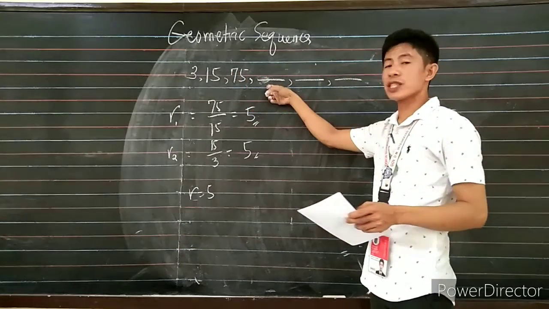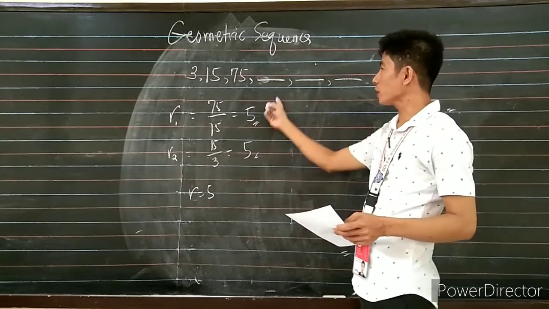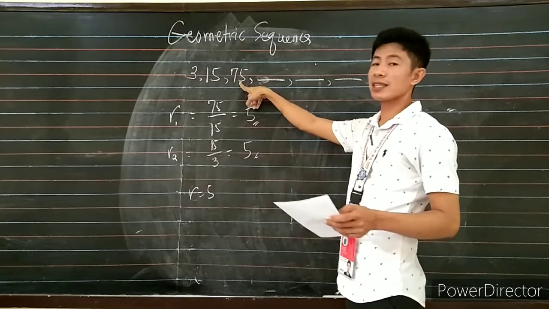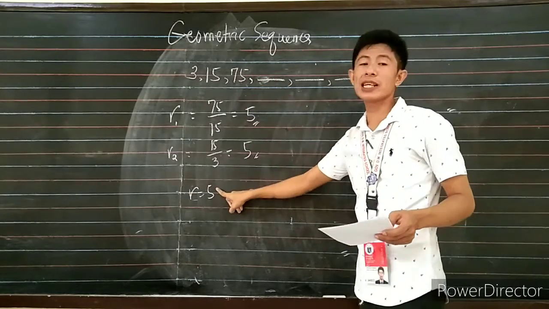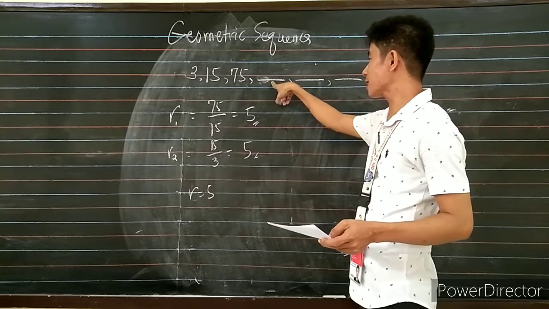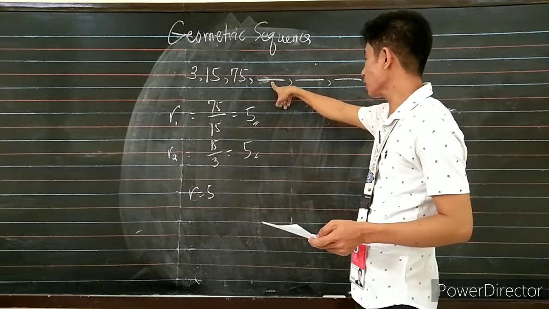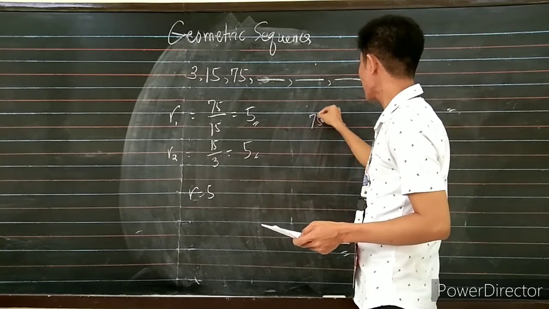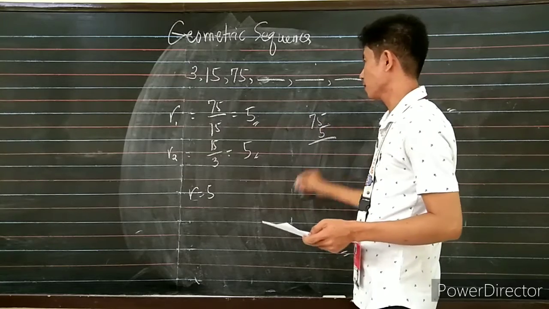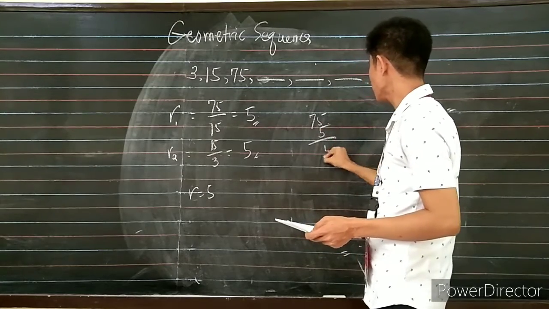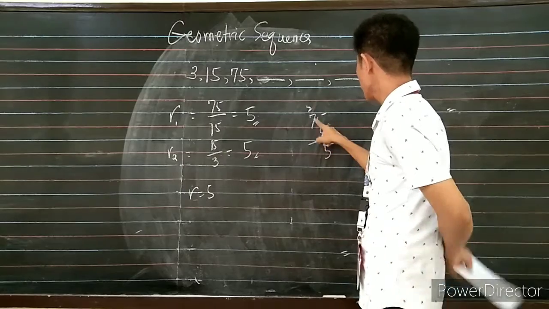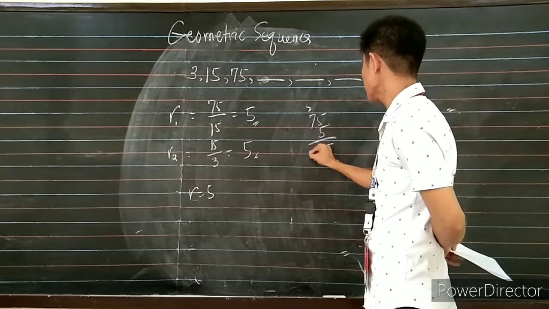So to find the next terms, we just multiply the terms by the ratio 5. After 75, we have 75 times 5. So we have 25, carry 2, 35, 36, 37.